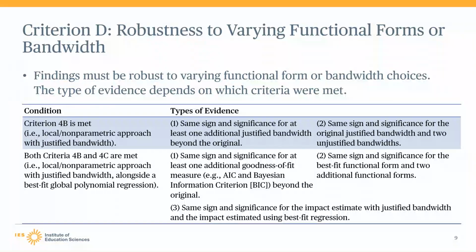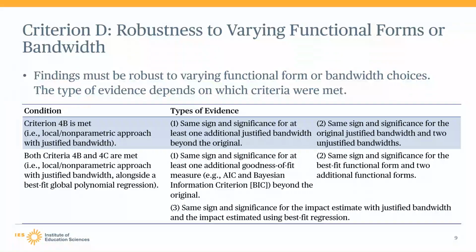In the case where a study attempts to demonstrate multiple forms of robustness, the study meets RDD criterion 4D so long as one form of the robustness check meets the WWC's requirements. For example, imagine the authors from a study that satisfied criterion 4B demonstrated that the effect was positive and significant for two estimates using a justified bandwidth, but an estimate from an unjustified bandwidth was negative and non-significant.